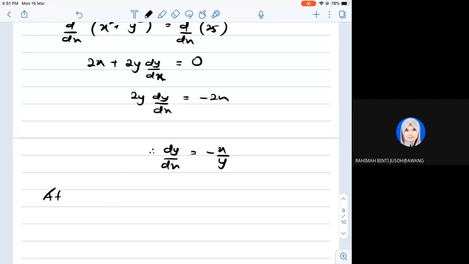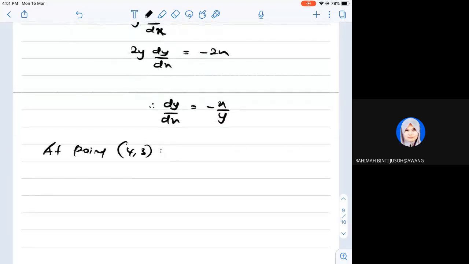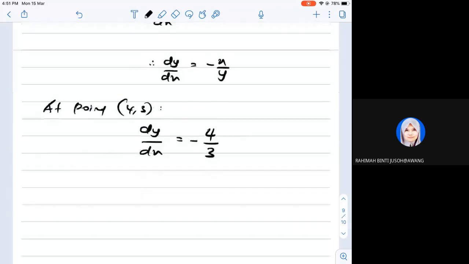So now, at the point (4, 3), we have dy/dx equals, x equals 4, y equals 3, negative 4 over 3. The way to read it, guys, the tangent vector refers to the parallel vector v equals, like this. So you go this way, guys.